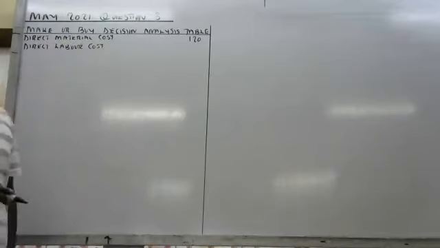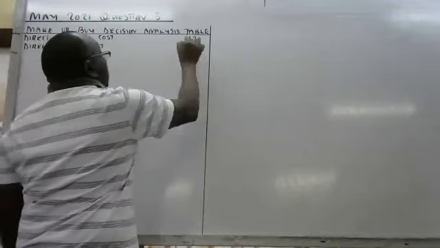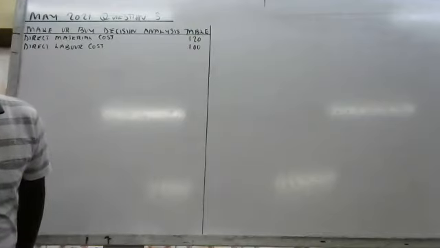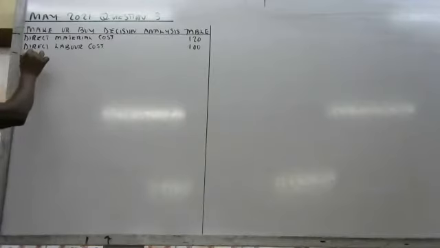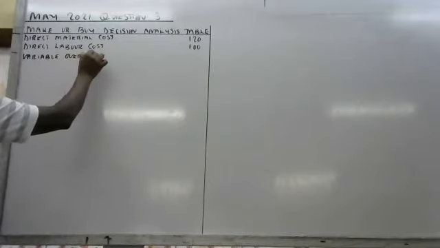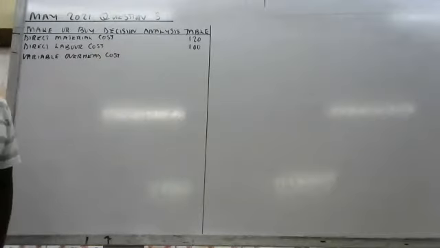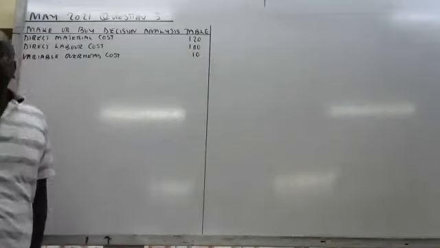Direct labor cost per unit is 100. Then there are variable overhead costs. Variable overhead cost is 10 bob.